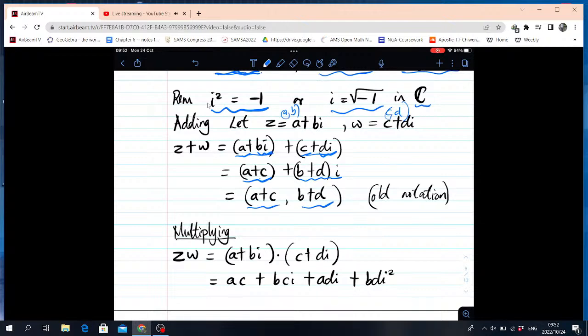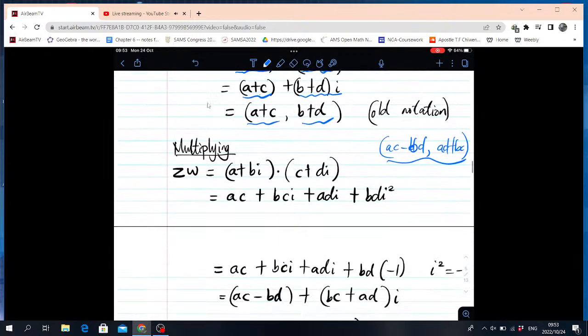Right, so we've got z times w. In the old notation, we are expecting to find (ac minus bd) and then (ad plus bc). This is what we are expecting from the definition that we were given. And so let's see. Are we going to get that?